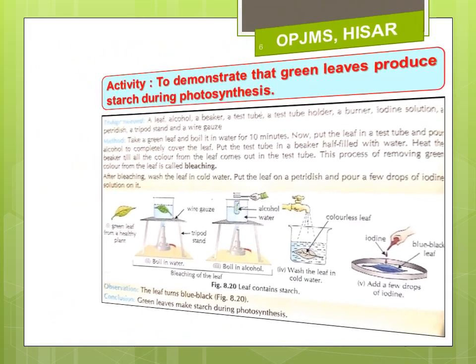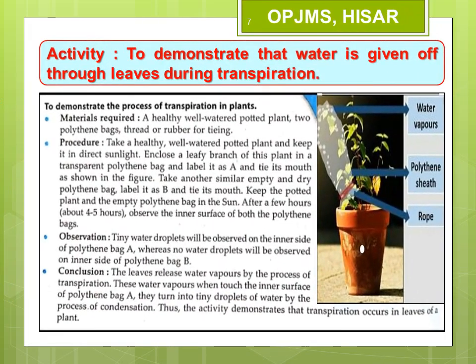While studying the functions of the leaf, we studied that the plant gives off excess water through the stomata by the process of transpiration. Now, let us perform an activity to demonstrate that water is given off during transpiration.